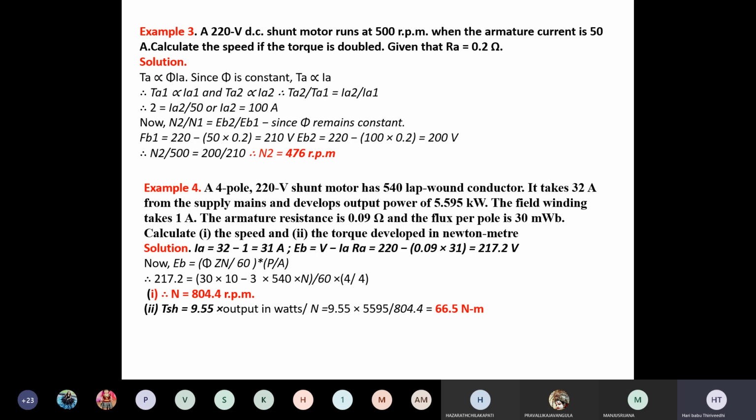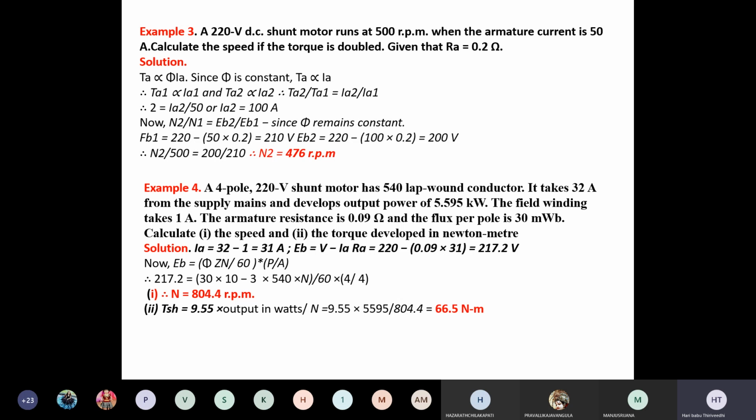So we know the armature torque equation, TA is equal to 0.159 phi Z IA into P by A, right? Here 0.159, Z, P, A are all constant, therefore TA is proportional to phi IA. For a shunt motor phi is constant, therefore torque is proportional to IA.